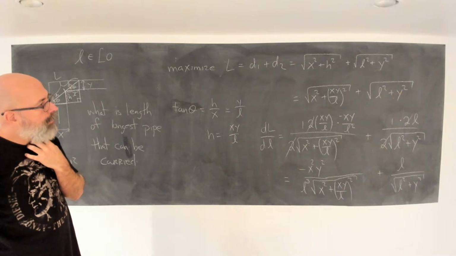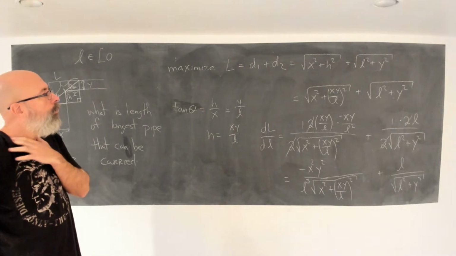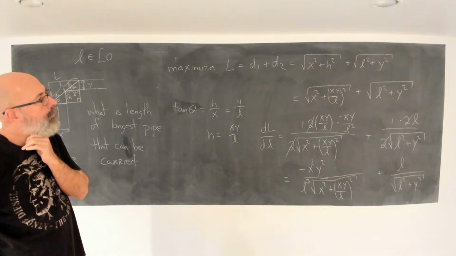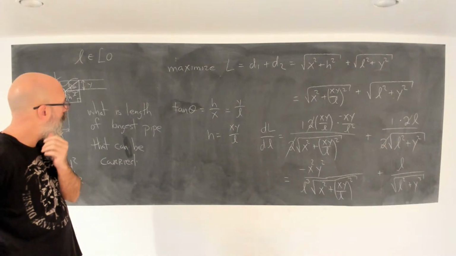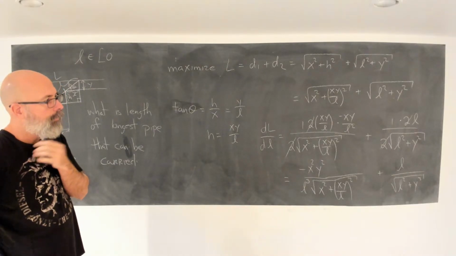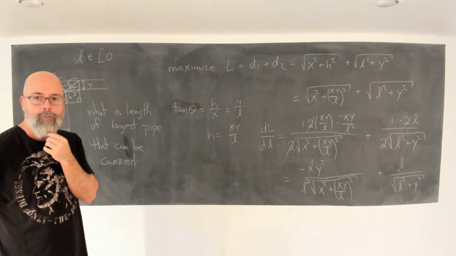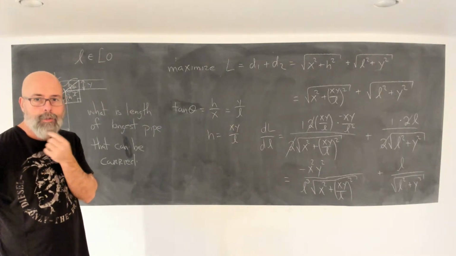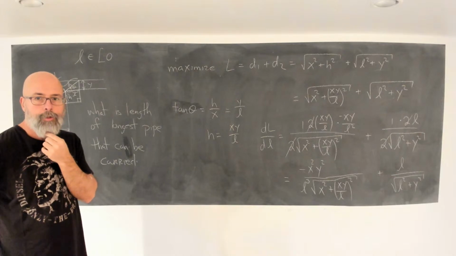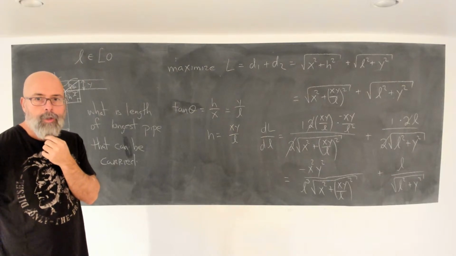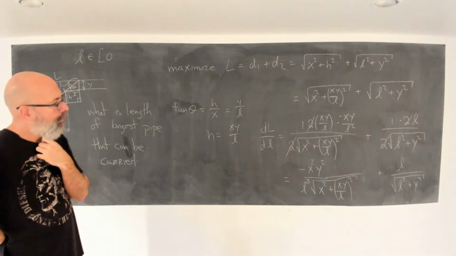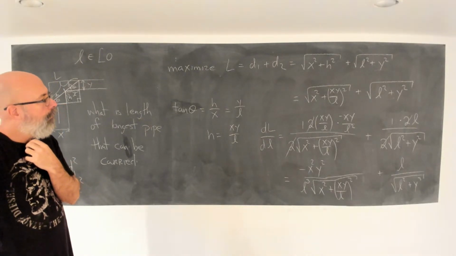Where's the 2x? What 2x are we talking about? Did we differentiate x and y? Shouldn't it be in the numerator of the first term? You tell me.